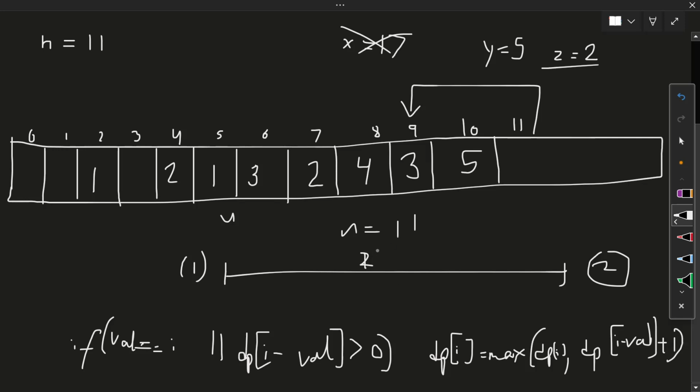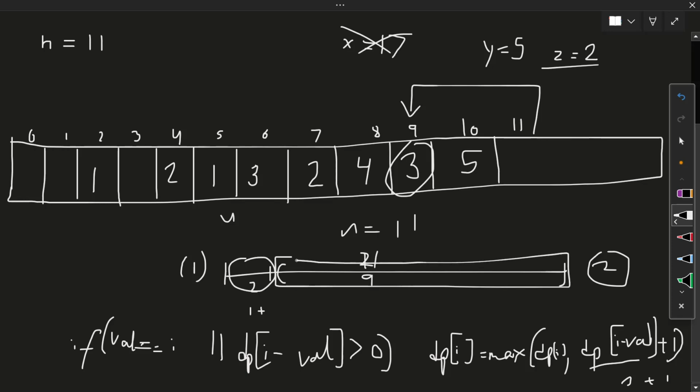So in this case the n is 11, so if we break this we have one portion and the left out is 9. So what is the answer on 9? 9, it is possible to break, means the value is 3 here. So let's take out the value is 3, plus we have to add 1 because this is the one portion, and for the left out string or the remaining string the answer is 3.